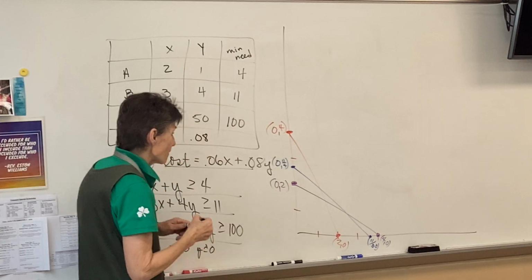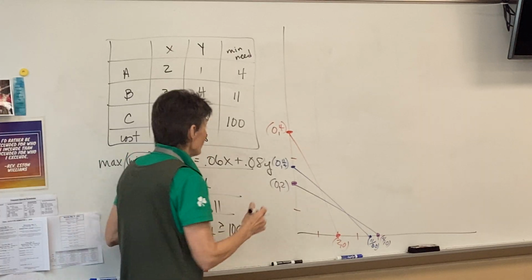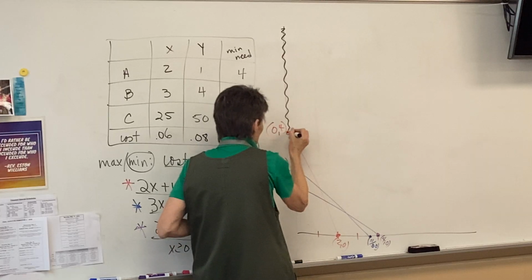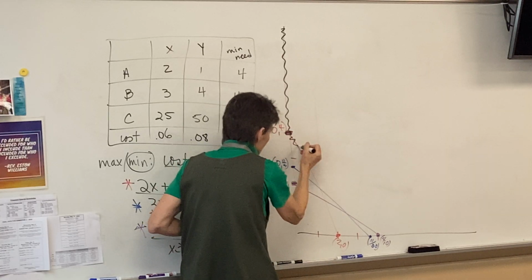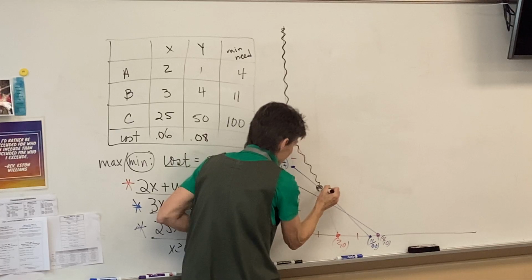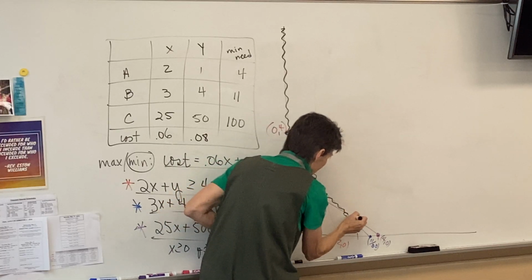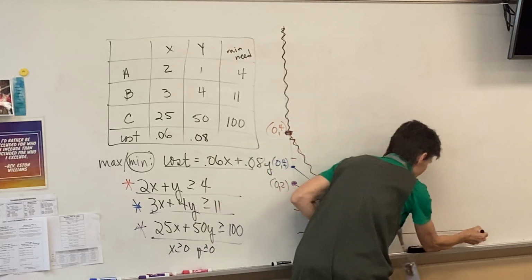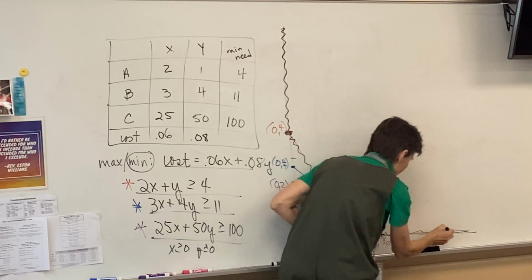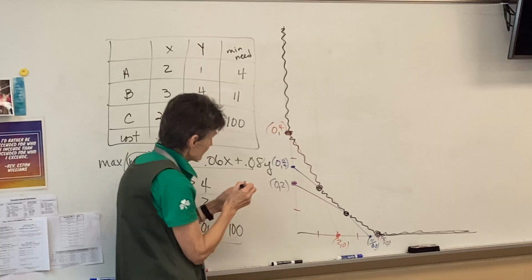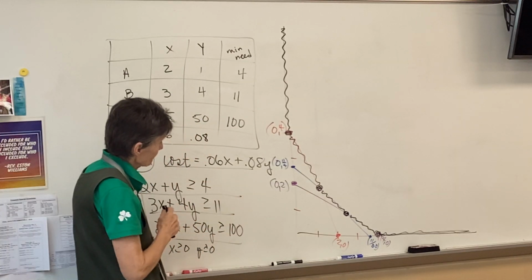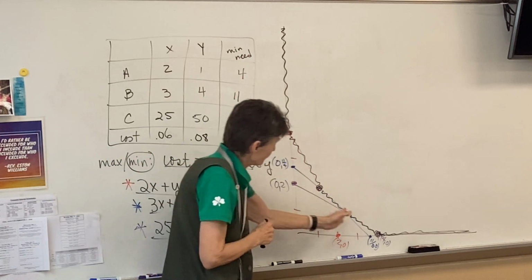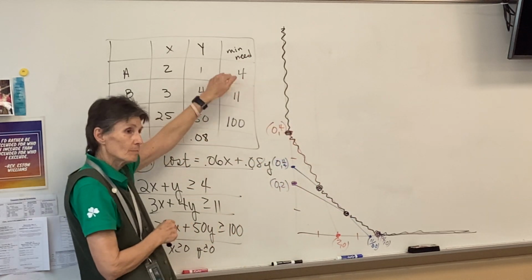So everything that is red, blue, and purple would be on this point, down this point, this one, this one. Would you agree that's the shaded part?